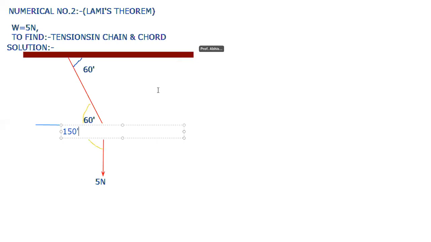So this total will be 150 degree. This one is 90 degree. So how much will be the remaining? You have to subtract these two values from the 360. You will get the remaining value, which is 120 degree. So now you got all the three values.